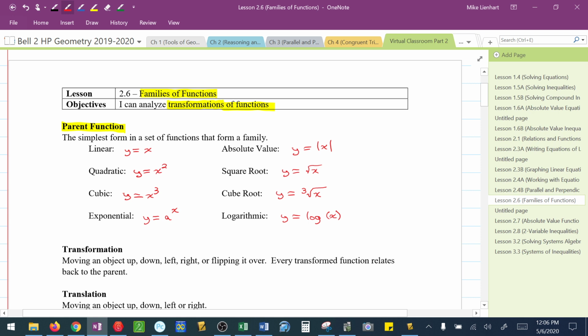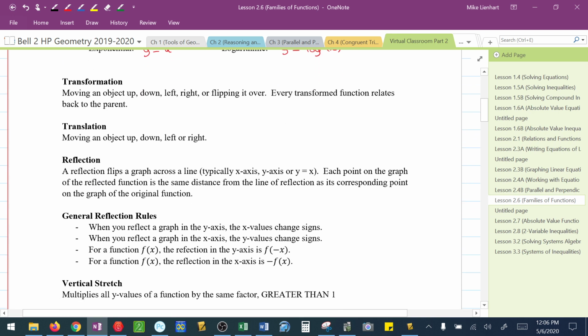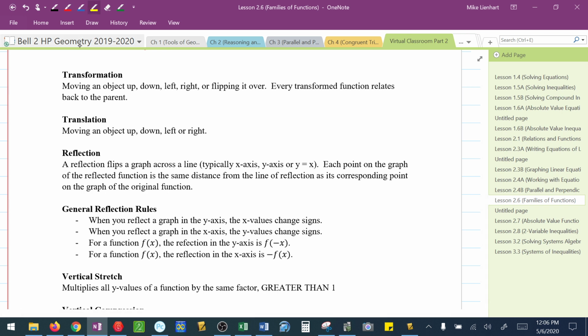All right? So with these parent functions, we have to be able to do what are called transformations. Transformations mean moving an object up, down, left, right, or flipping it over. Every transformation goes back to the parent. What did you do to the parent to get this?